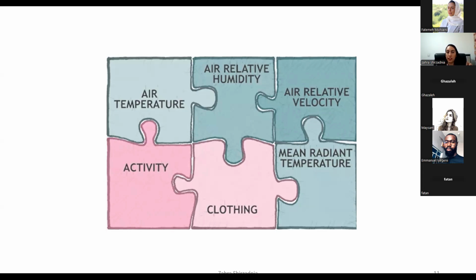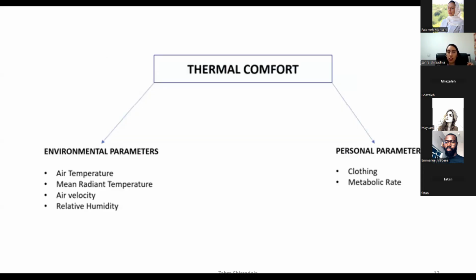The personal ones are activity and clothing, and the environmental ones are air temperature, air relative humidity, air relative velocity, and mean radiant temperature. So this is the best picture for categorizing these two categories of environmental parameters and personal parameters.